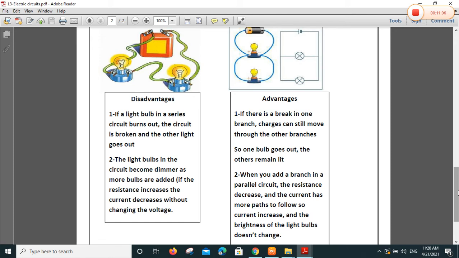Number 2, the brightness. The light bulbs in the circuit become dimmer as more bulbs are added. If you add a 3rd bulb, the light is dimmer. If we add a 4th bulb, it is dimmer also, because resistance increases, because all bulbs take from the same source.